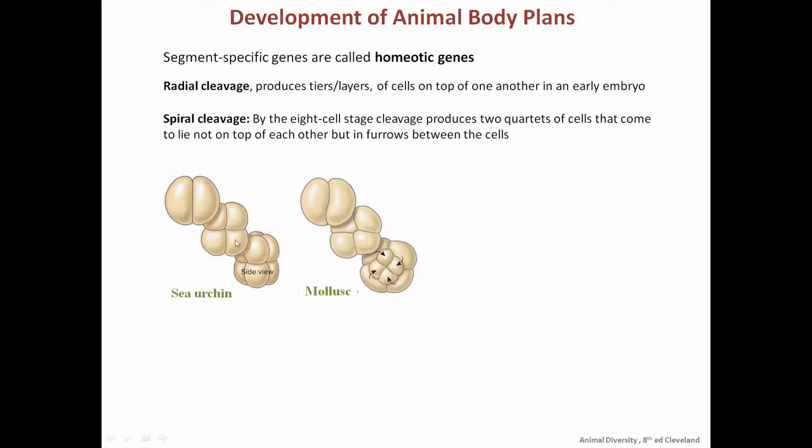So in radial cleavage, each tier of cells sits on top of the other, and in spiral cleavage they sit on the furrows. That is in the mollusk.